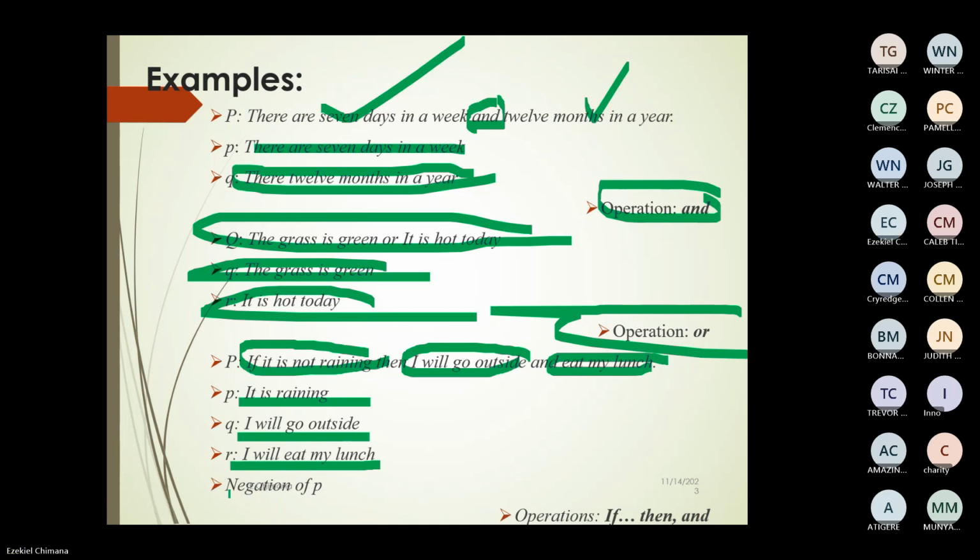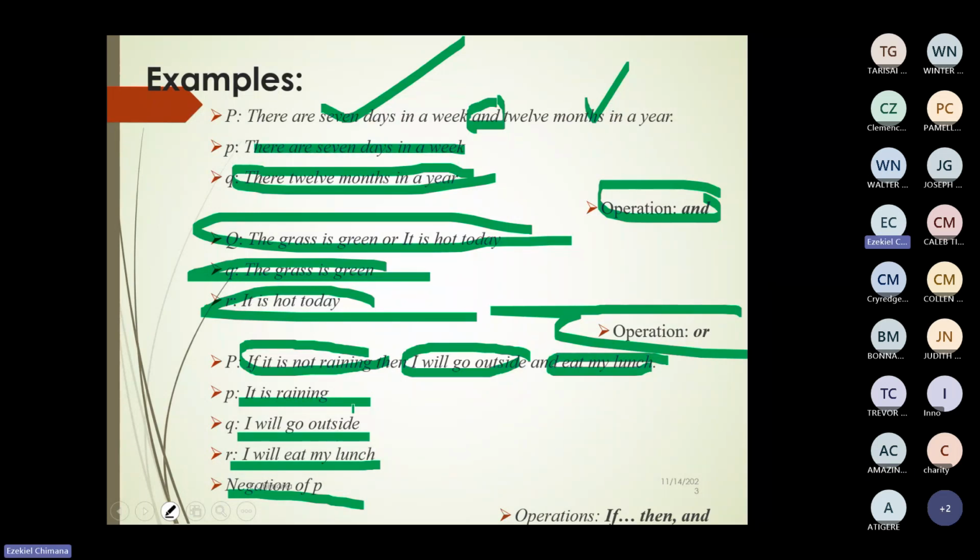Then there is the negation of P. Where is the negation of P? "If it is not raining" is the negation of P, the statement "it is raining." We call it the negation, like we are flipping the statement.